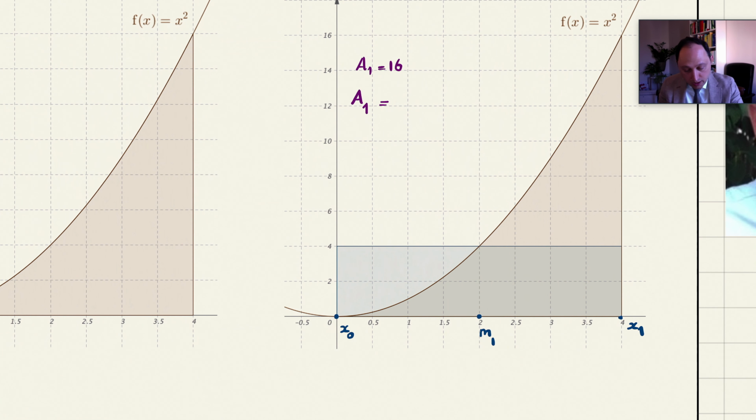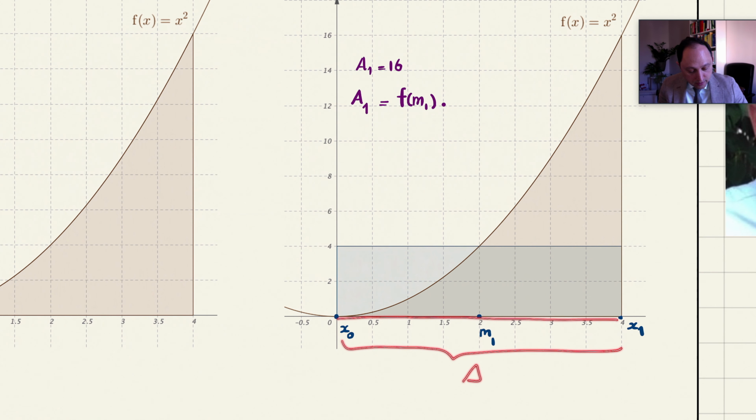So what does it mean? It means that you are putting m1 into the function. And then you multiply this height by this width. This width is called delta x. So let me just denote it here. From here to here, we call it delta x.